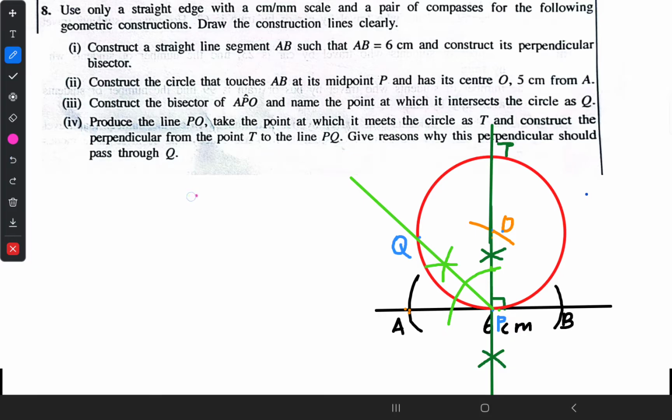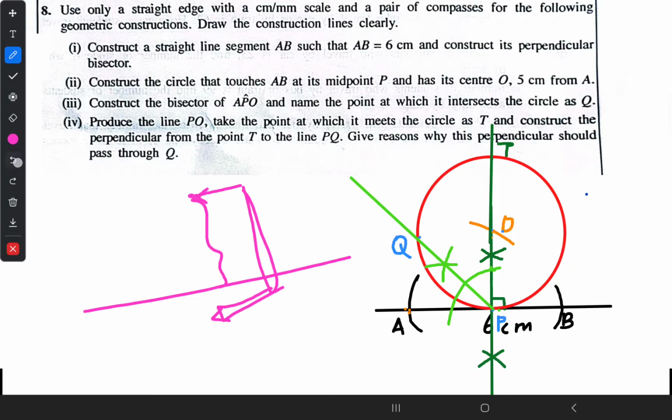We know that from an external point, when we draw a perpendicular to a given straight line, you should place your needle here and place your pencil somewhere greater than this distance, and draw an arc. Then by using that arc, place your needle here, draw an arc. Place your needle here, draw another arc. When you connect these 2 points, that would be the perpendicular line.